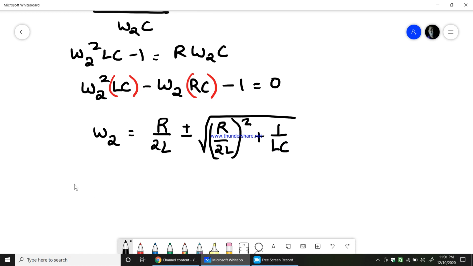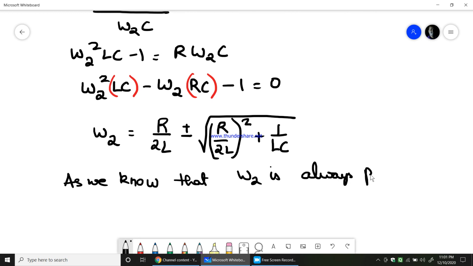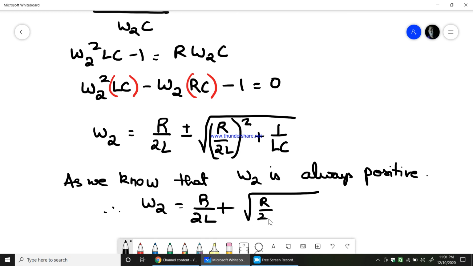Now as we know that omega 2 is always positive, omega 2 would be equal to R by 2L plus square root of R by 2L the whole square plus 1 over LC.